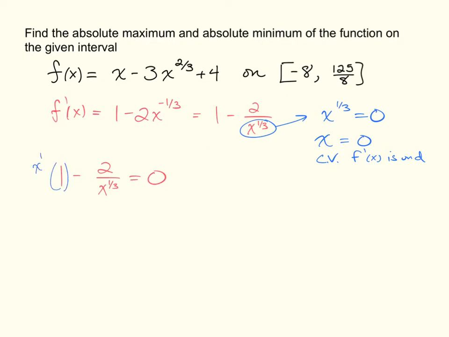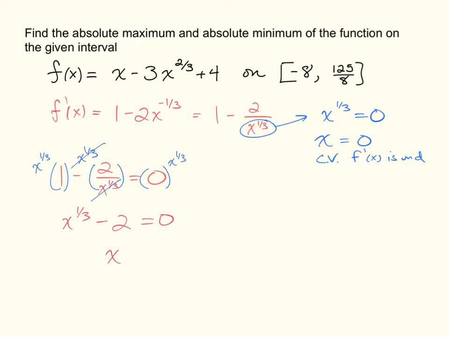So multiply each term by x to the 1/3 power. In turn, that will get rid of the x to the 1/3 power in the denominator and leave us with x to the 1/3 power minus 2 equals 0.